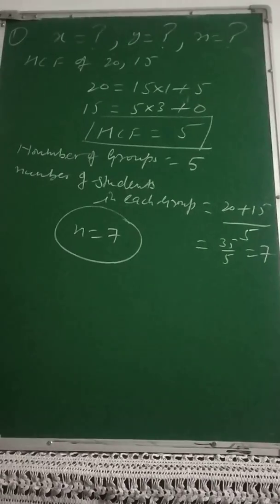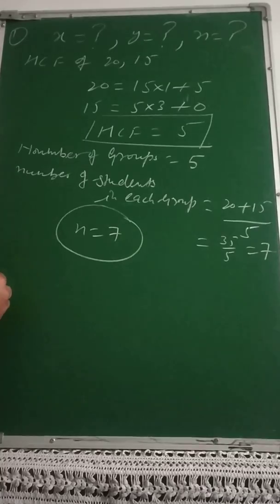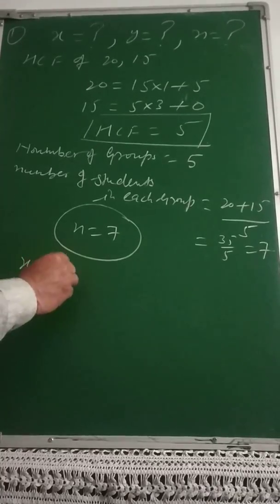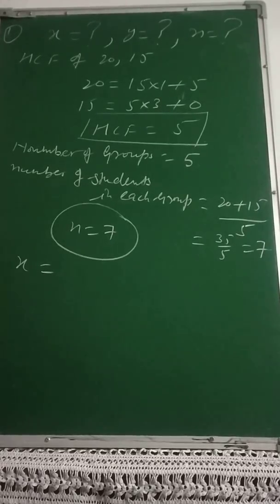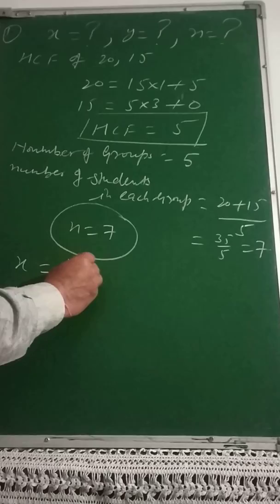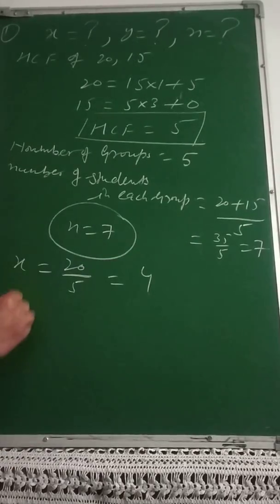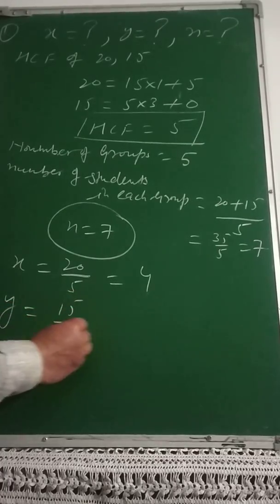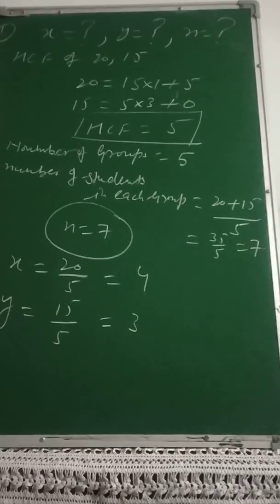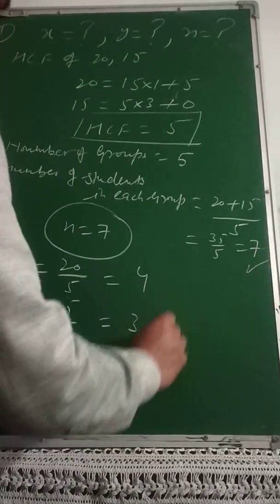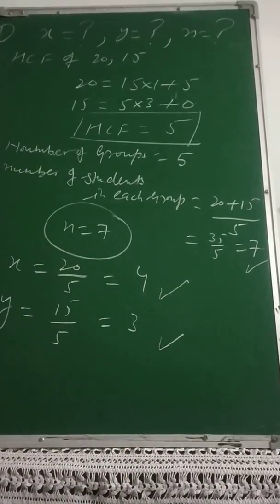So number of students in each group will be equal to 7, and then x, that is boys. So x will be equal to 20 divided by the HCF, that is equal to 4. Similarly y, the girls, 15 again divided by the HCF is equal to 3. So for this question your n will be 5, number of students per group will be 7, and boys and girls will be 4 and 3.